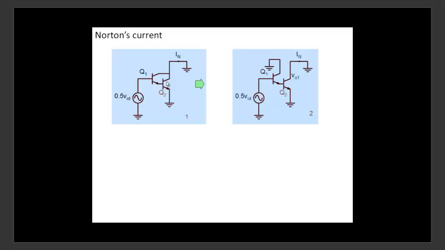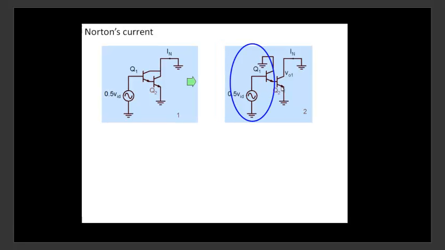It's the sum of these two currents. But you can make an approximation because the collector current of Q1 is actually beta times smaller than the collector current of Q2. So I can neglect that. This current is much smaller than this, so we take it out, put it to ground, and say IN is primarily this.